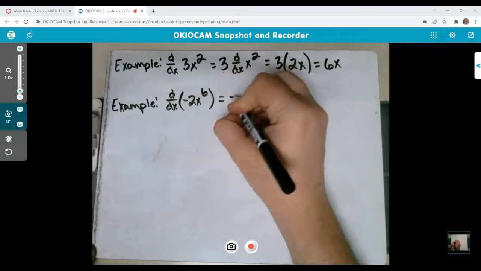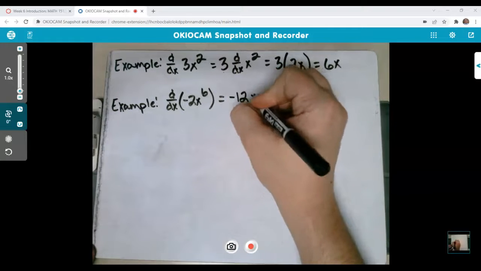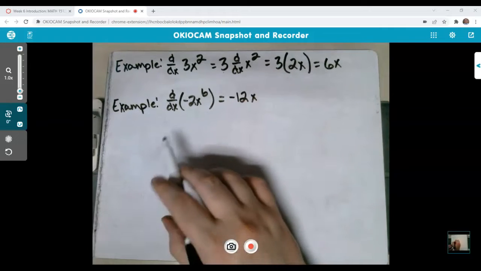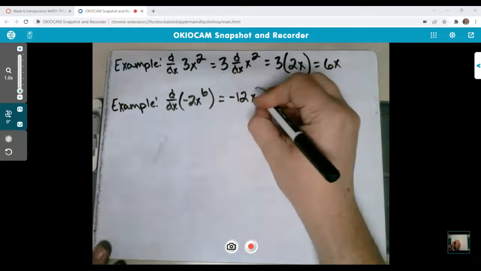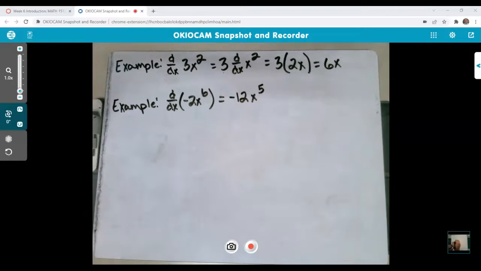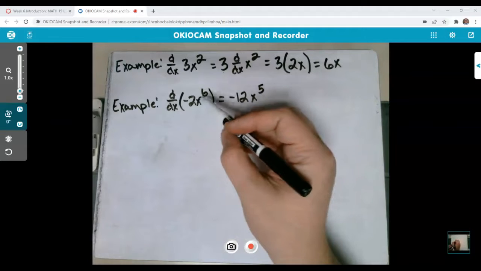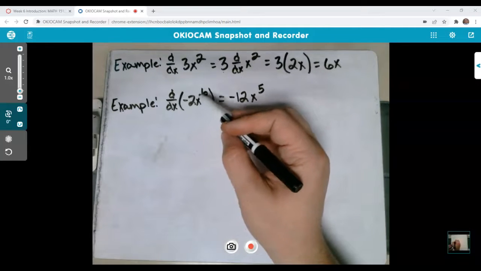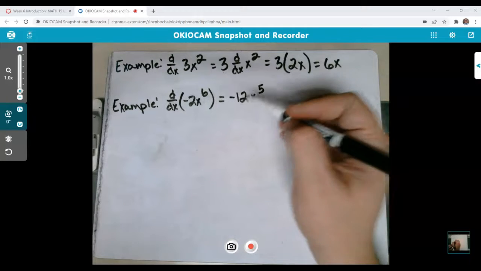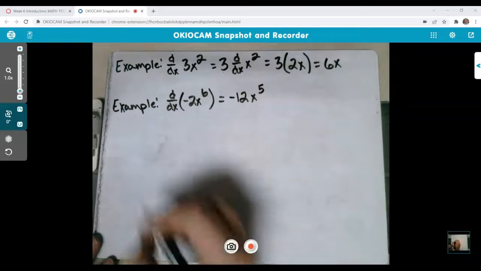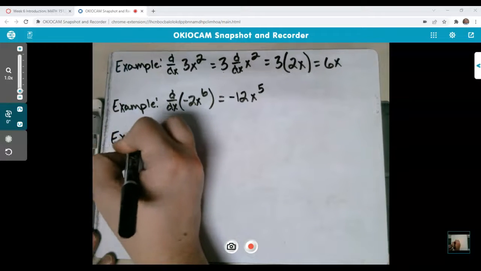Multiply those and you get negative 12 times x to the power of... remember, it's 1 less. 6 minus 1 is 5. So negative 12x to the 5th. Again, when I bring my power down to the front, I can just do that power times what's right here. So negative 12x to the 5th. Another example of that, just to make sure we're clear.